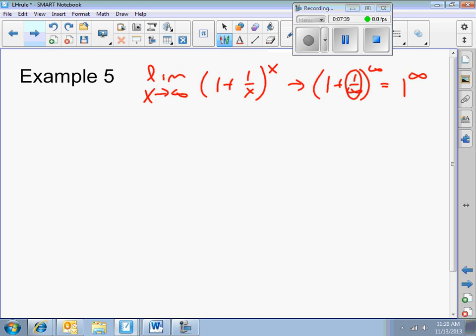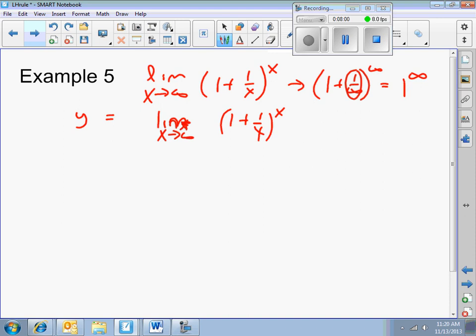So one trick I'm going to use is I'm going to say let y equal the limit as x approaches infinity of 1 plus 1 over x to the x. And you might recognize this by techniques we did to take derivatives of a power to a power.